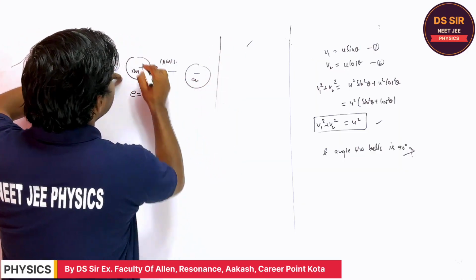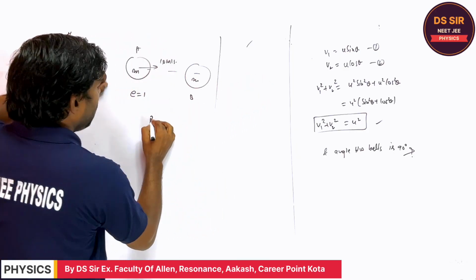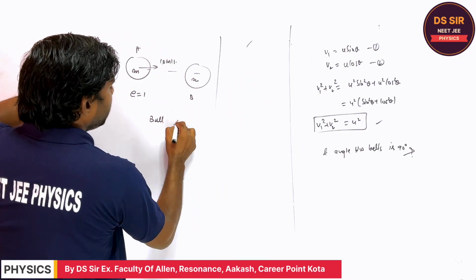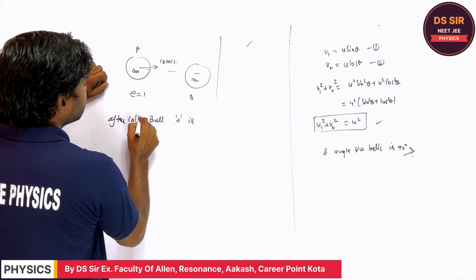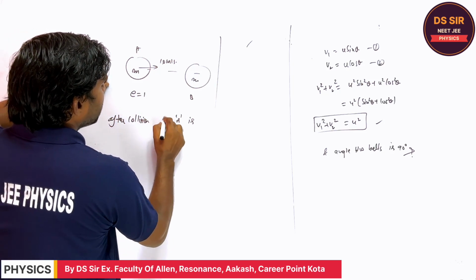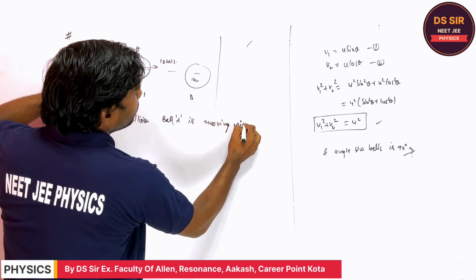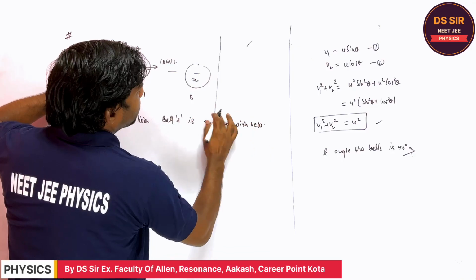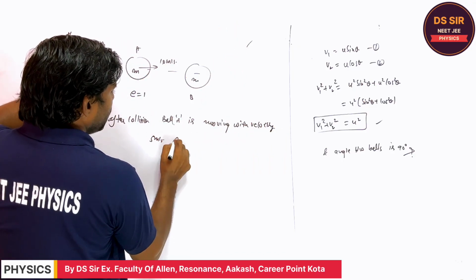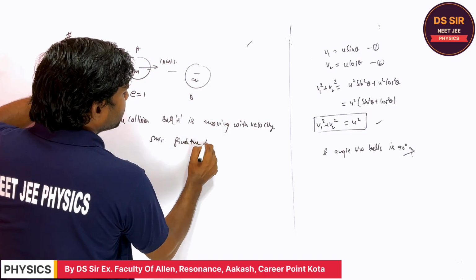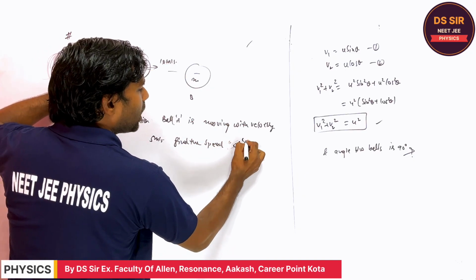This is ball A, this is ball B. After collision, ball A is moving with velocity 5 meter per second. Find the speed of B. That's it. So how to solve?